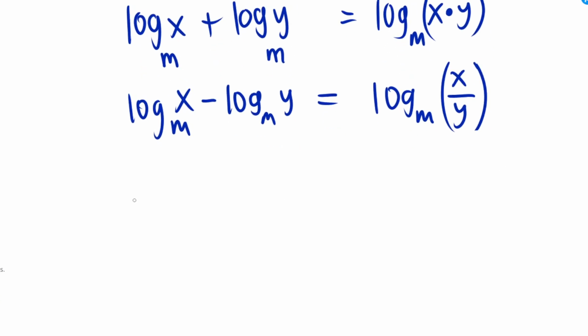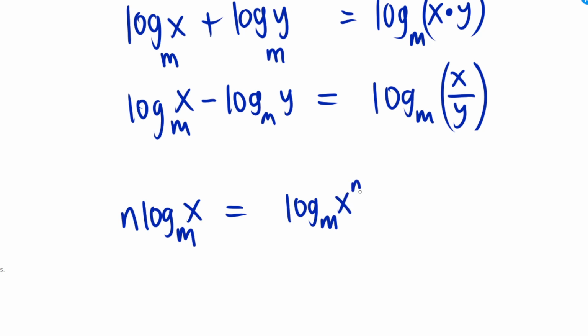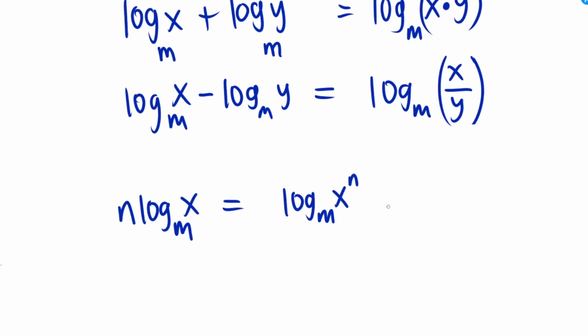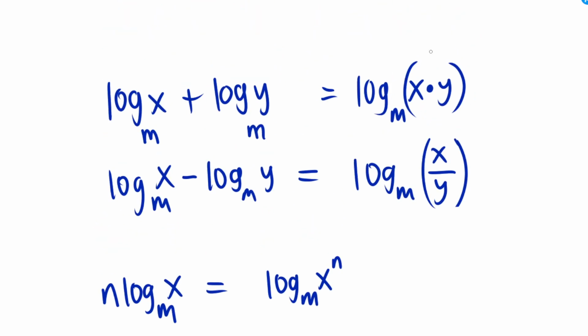We also have n times log base m to the x is exactly the same as saying log base m to the x to the nth power. So this moves right there. And all of these rules are the same, like you can go back and forth.